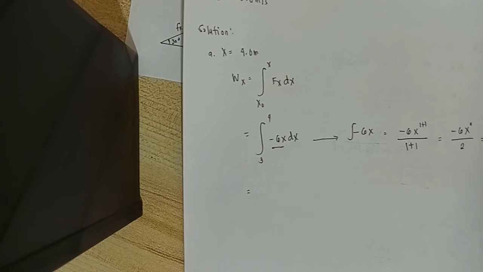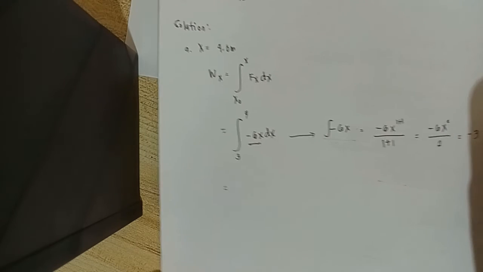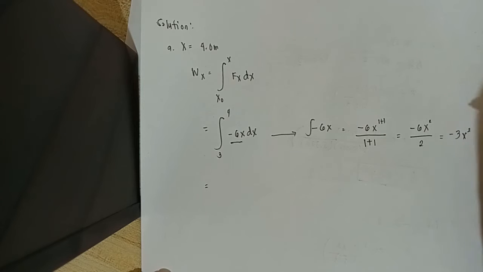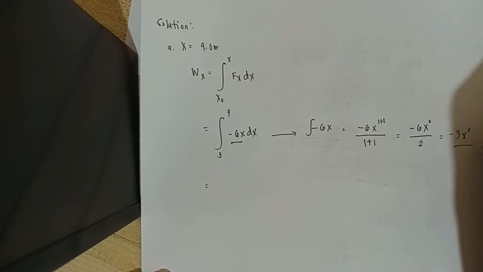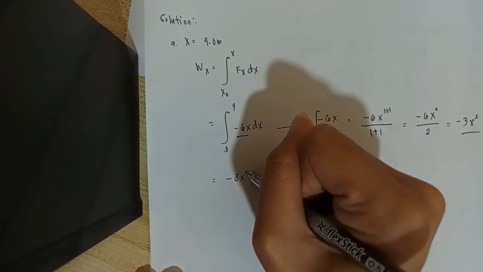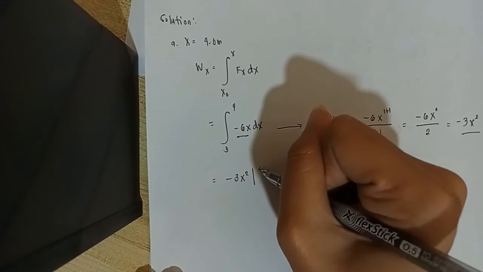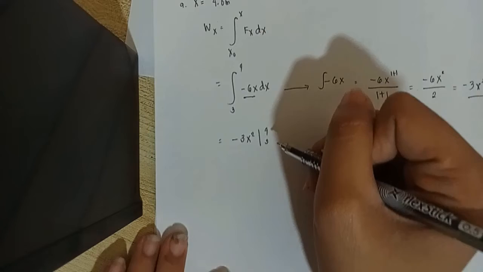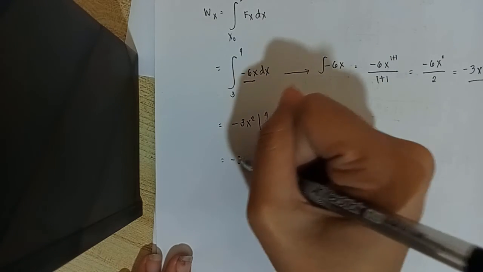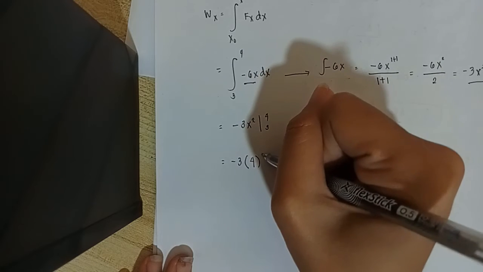So, negative 6x squared over 2. Our answer there will be negative 3x squared, which has a limit of 4 and 3.